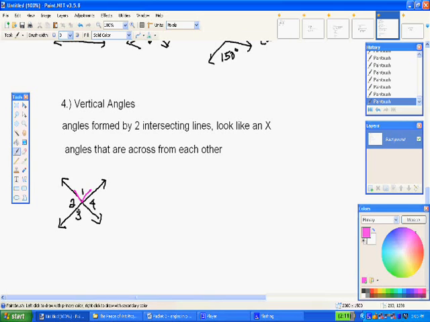See angle 1 right here and angle 3. They create an X together, and they are across from each other. So angle 1 and angle 3 are vertical angles.